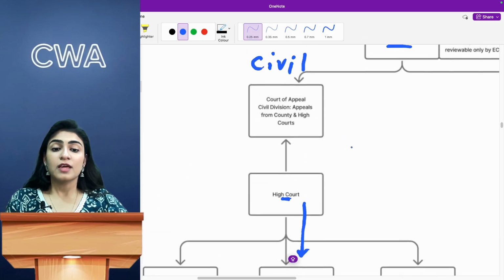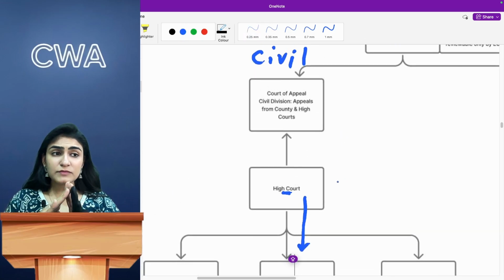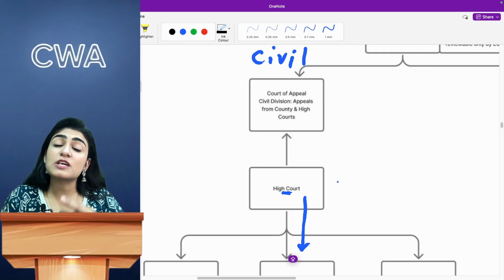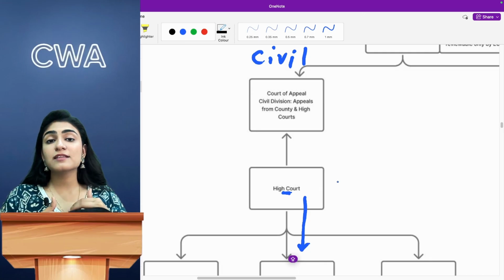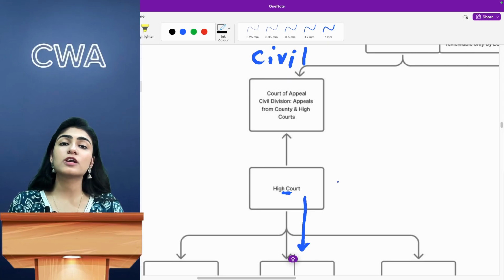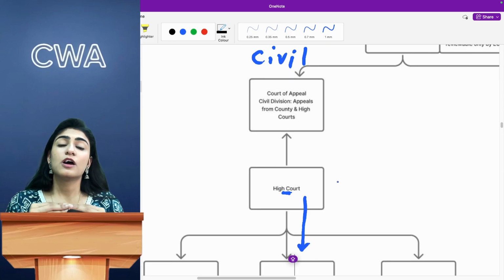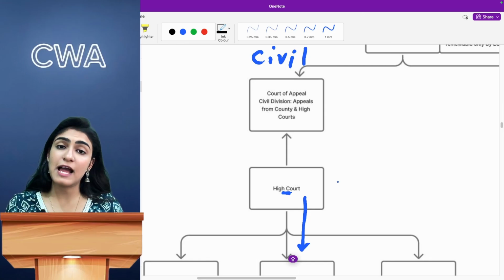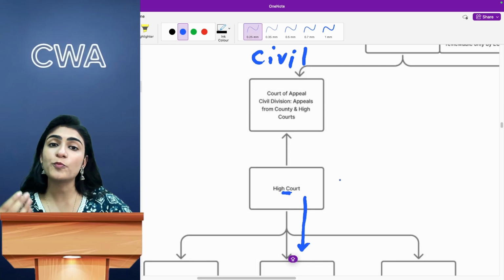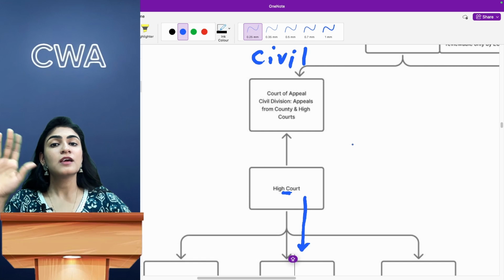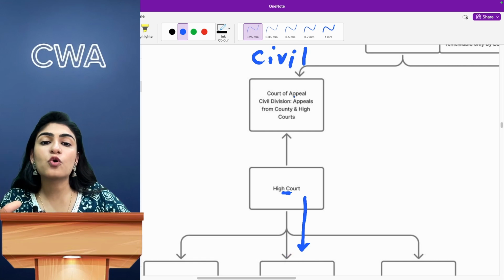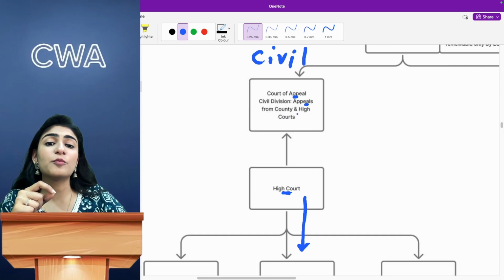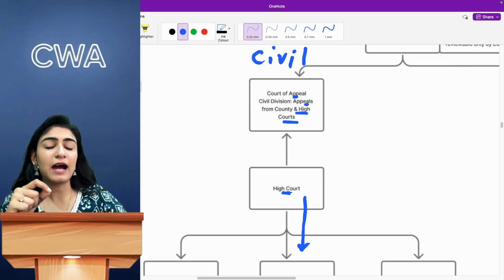Then, let's say the case was discussed in High Court as well, and Mr. Y still thinks that this judgment is not justifiable for him. Mr. Y still has the option to take the case further to the Court of Appeal, where they can appeal from county courts and High Courts.